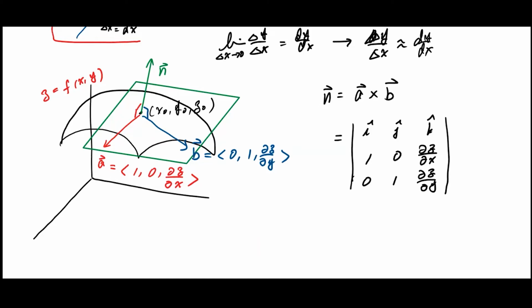Are we good? So what we get is this vector: for i, this minus this, so negative partial z, partial x, and for j, negative 1 times... so we have negative partial z, partial y, and for k, this one, so you get 1. So far, so good.